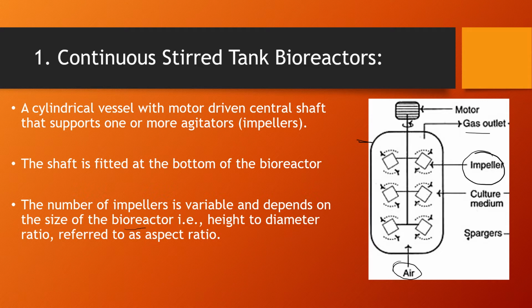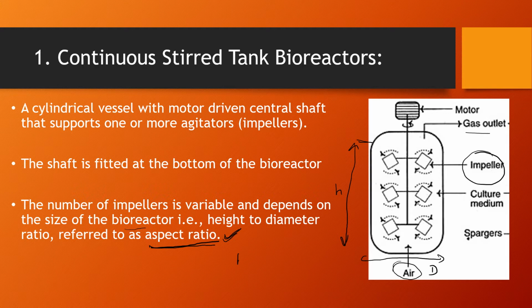It is also dependent on the aspect ratio. What is aspect ratio? This is very important, students. Nobody will tell you what aspect ratio is. It is very simple: it is the height to diameter ratio. The height of the bioreactor is h, and this is the diameter d.